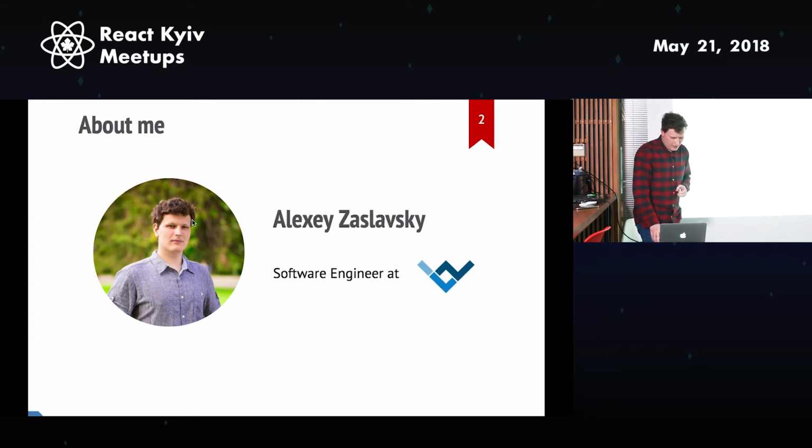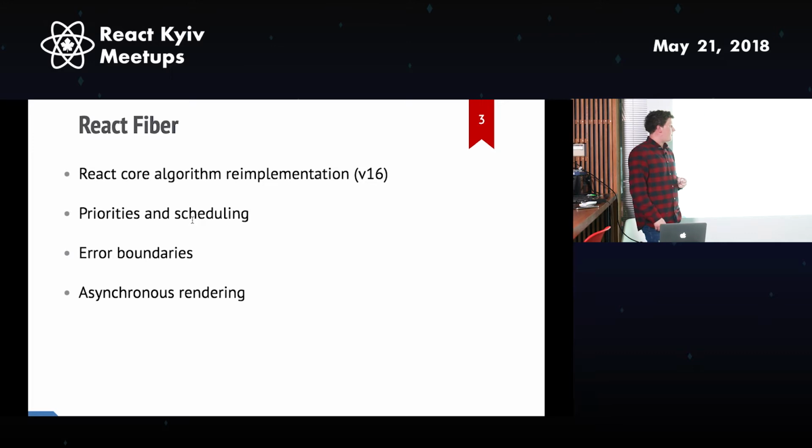But I'll start a bit from far behind, because actually, React has evolved a lot, and everything started from React Fiber, I believe. React Fiber is the React core algorithm reimplementation, which has landed in React version 16. And React Fiber actually has a lot of cool features like priorities and scheduling.